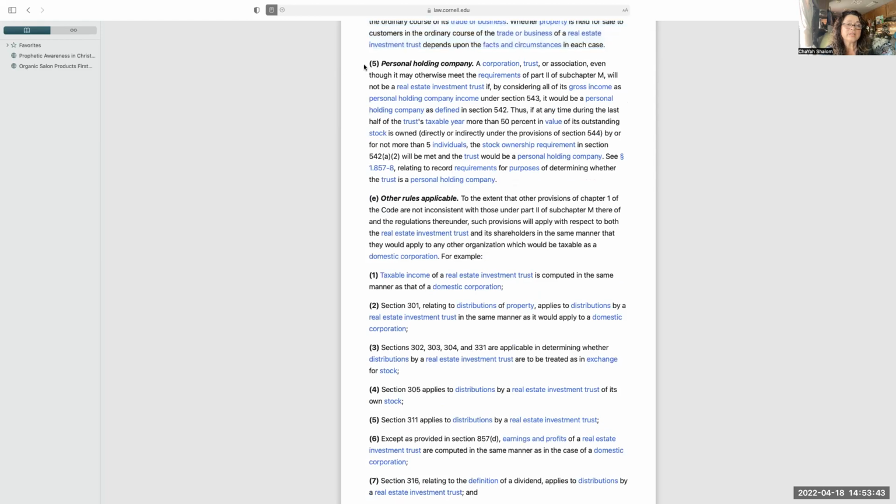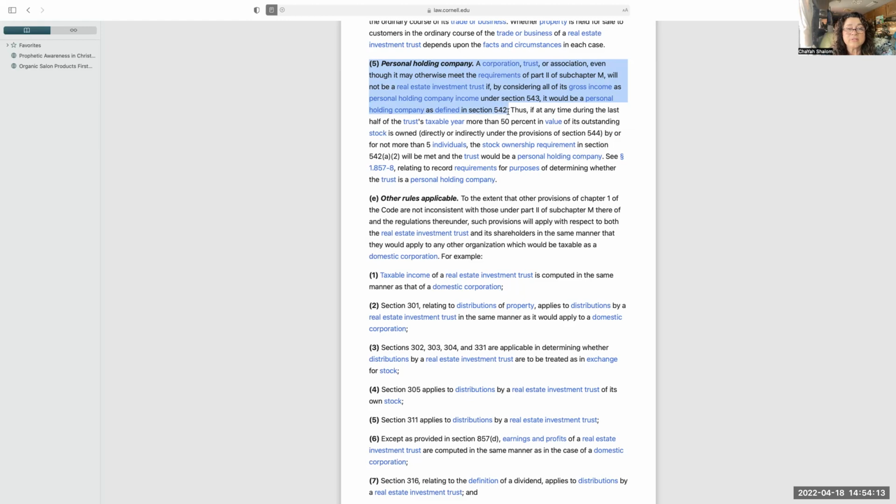Personal holding company. A corporation, trust, or an association, even though it may otherwise meet the requirements of Part 2 of Subchapter M, will not be a real estate investment trust if, by considering all of its gross income as personal holding company income under section 543, it would be a personal holding company as defined in section 542.